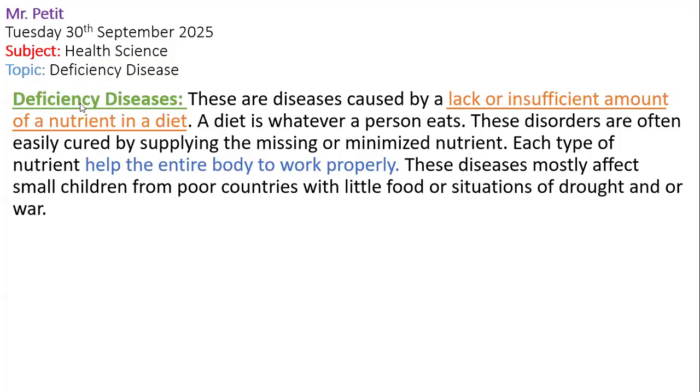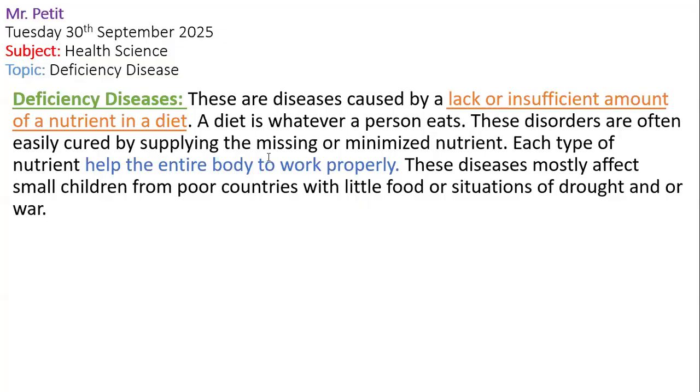All right, Tyler, go ahead and read this paragraph. Start from deficiency disease definition. Yes, sir. Deficiency diseases. These are diseases caused by a lack or insignificant amount of nutrient in a diet. A diet is whatever a person eats.